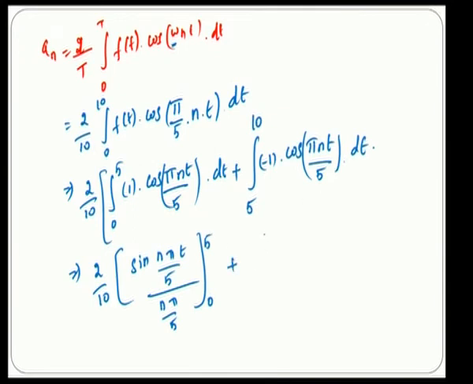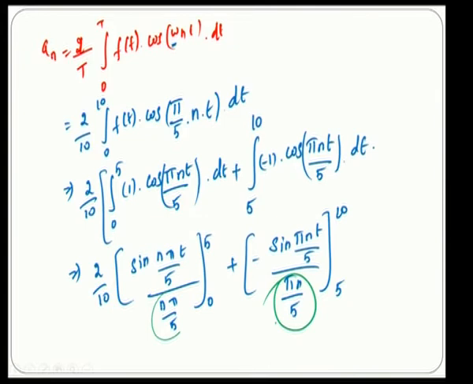So, minus sin pi n t by 5 divided by pi n by 5, from 5 to 10. Now, take this term as common. Okay. So, if you bring it out, then already 2 by 10 we have, so this becomes 5 by pi n, right. You simplify it, and finally, you get 1 by pi n, right.